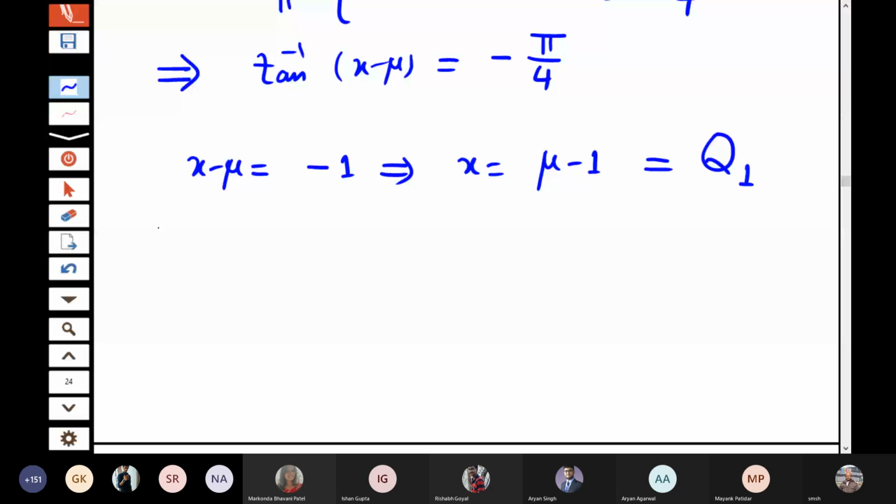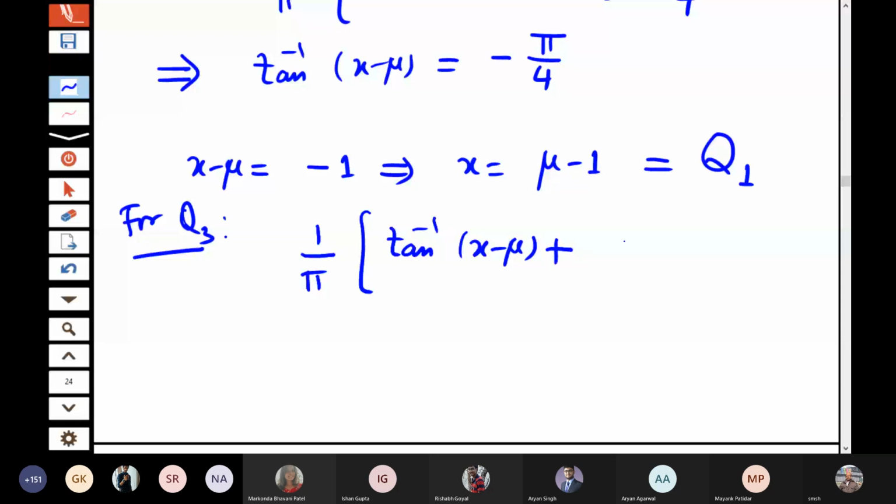Similarly, if I want to calculate the third quartile Q3, I will need 1 by pi tan inverse of x minus mu plus half is equal to 3 by 4. A similar calculation can be done.